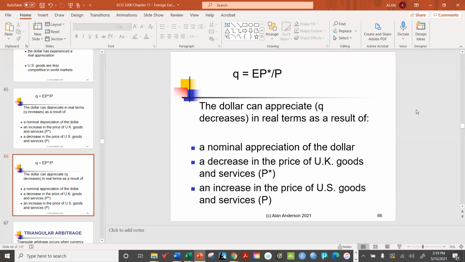And again, all three of these cases result in a weakening trade balance. That makes sense because if US prices go up, of course our goods will be less attractive to foreigners, and we should expect to have a worse trade balance. So it's not just the nominal exchange rate here. We're looking at prices as well.